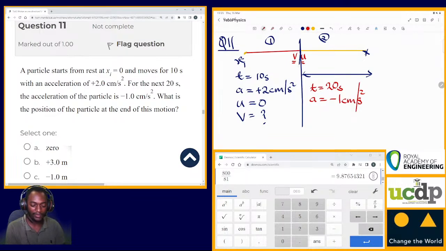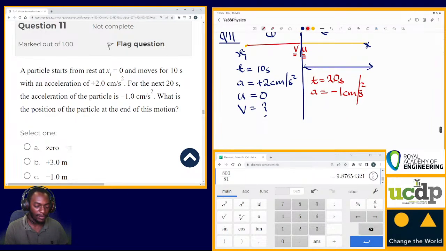Let me say that again to clarify: the final velocity of the first part of the journey will be the initial velocity for the second part of the journey. So how about we do that?